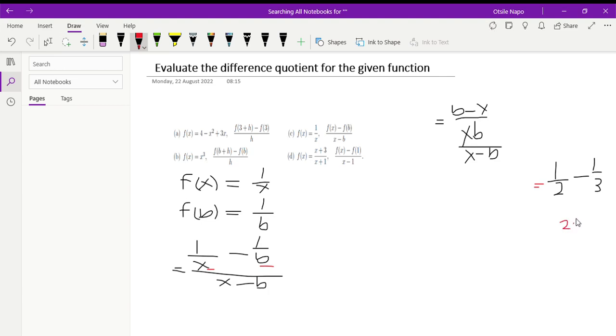How many times does 3 go into 3? 3 will cancel 3, then we'll be left with 2 multiplied by 1, that will give us 2, minus 2 will cancel 2, and we're left with 3 subtract 2, so this is the same as this.